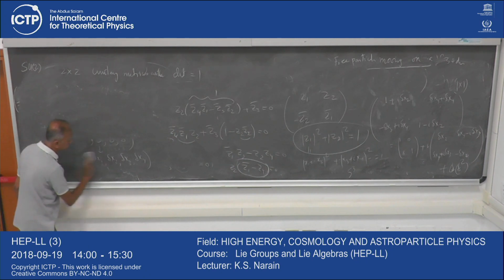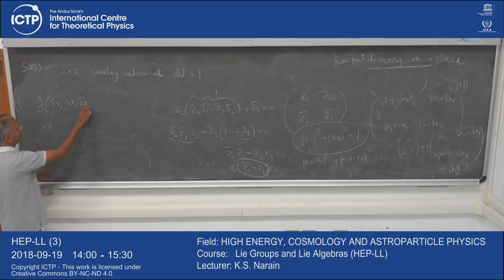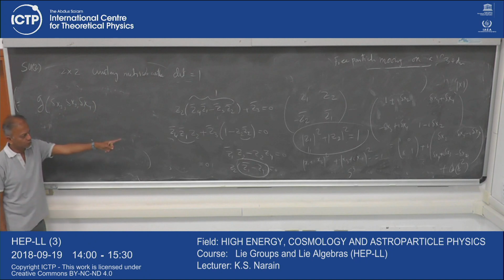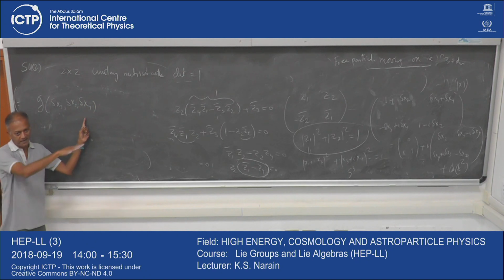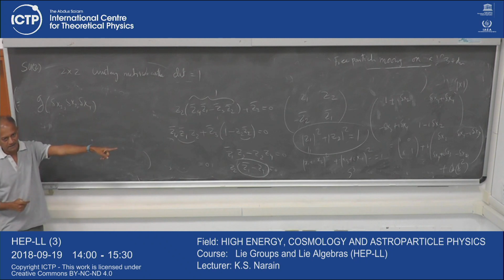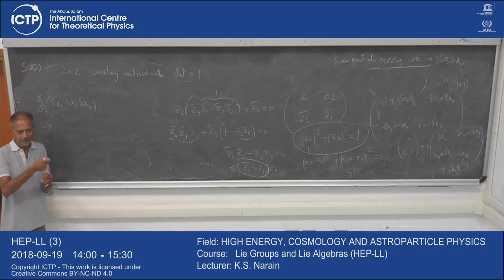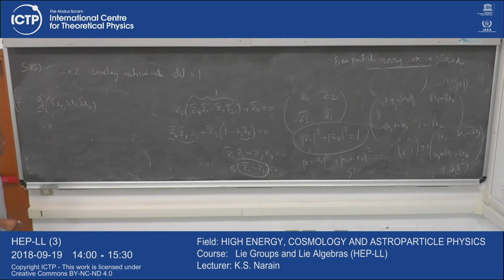So we have G, the group element, as a function of these parameters delta x2, delta x3, delta x4. Delta just indicates that this is true only to the first order. We cannot trust that to higher orders. But to first order we can trust it, and that's all we need to get the generators, because you take the first derivative and then set the parameters to 0. So first order is enough for the generators.